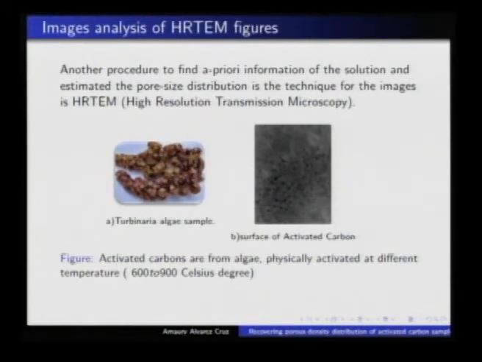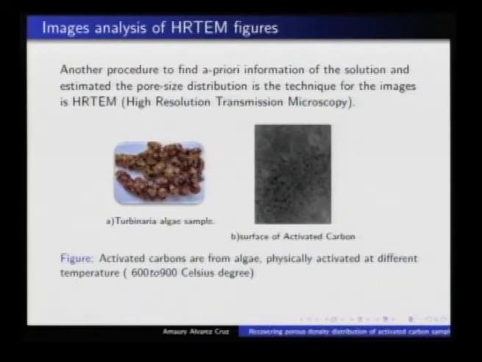Then I present here another method to obtain the porous distribution from analysis of this image, and compare with the method obtained by optimization. No method is preferable; both methods are complementary.